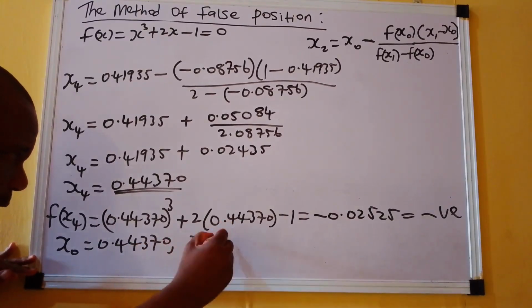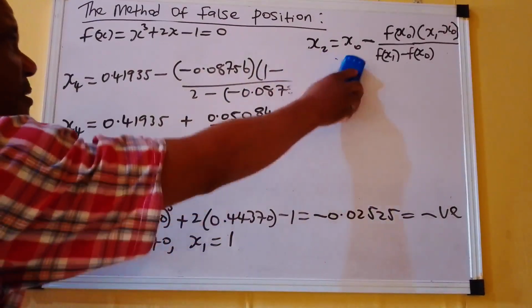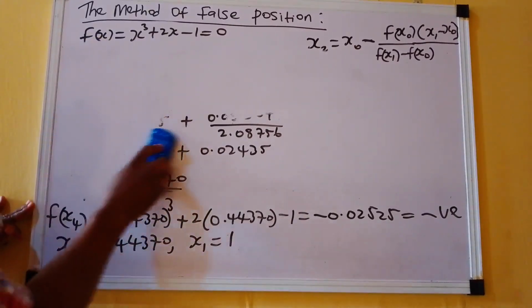Our x1 is 1, or you can call it 1.0. So our x1 is 1. So now we are going ahead to get our x5. Let's go ahead to get our x5 using this same formula.